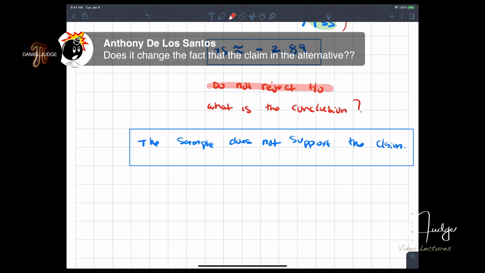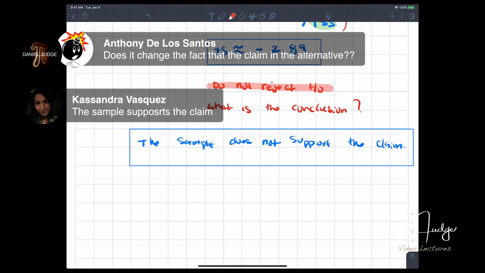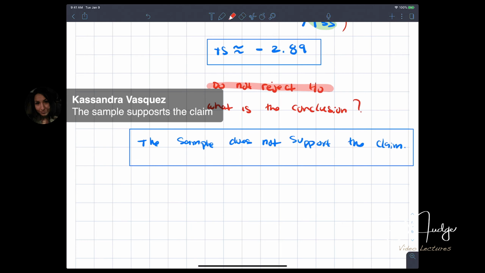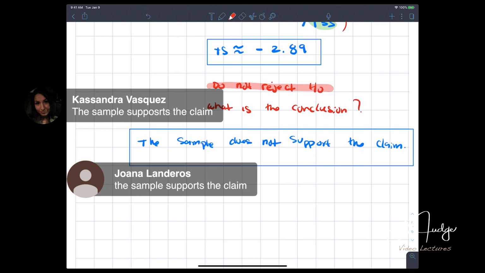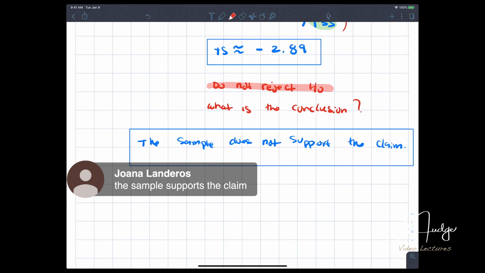It doesn't matter where you put the claim. This process is independent of where the claim is at. So nope. The sample supports the claim? No, it doesn't. Oh, Joanna. The sample supports the claim? No. So nope and nope. Let's go back.